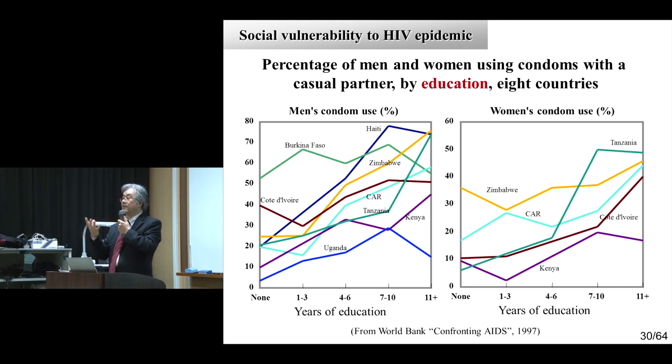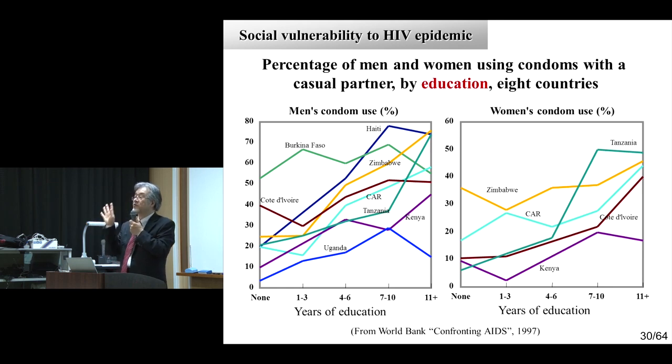They can understand the prevention message, so they can understand the importance of the message. So they will be wealthier and able to afford to buy condoms. So they have more chance to use condoms. Altogether, can you imagine how these different factors are interrelated with each other?